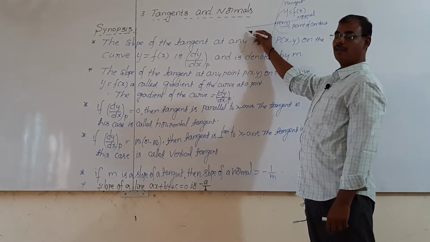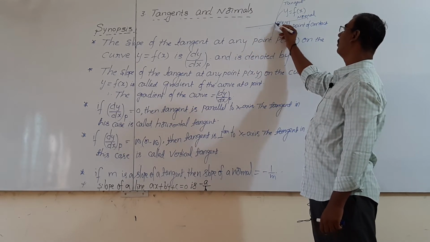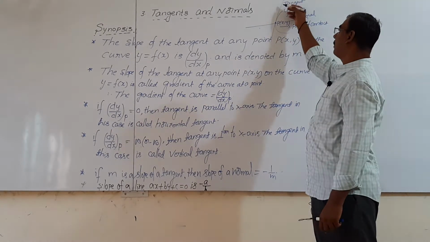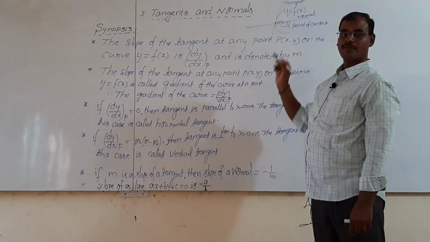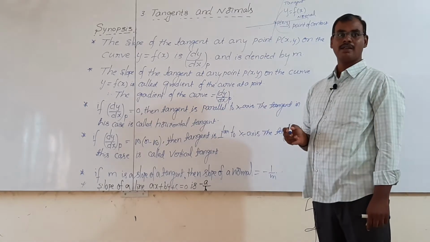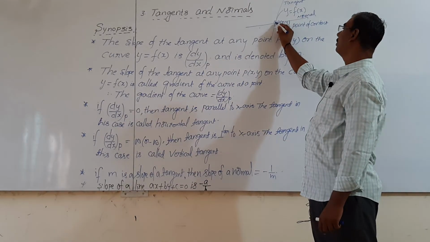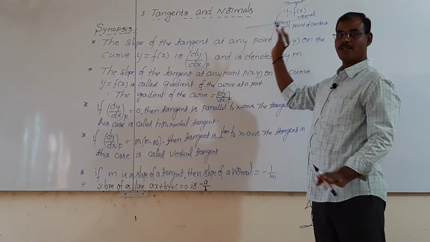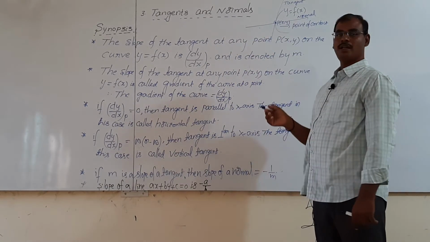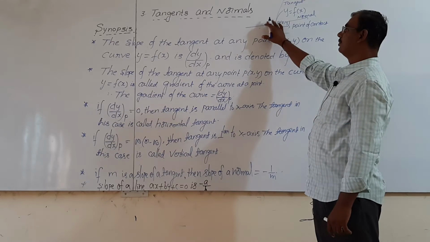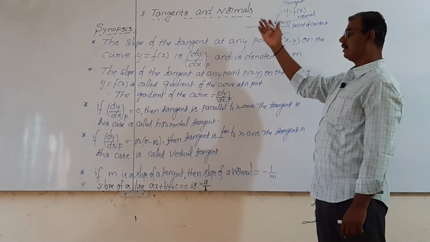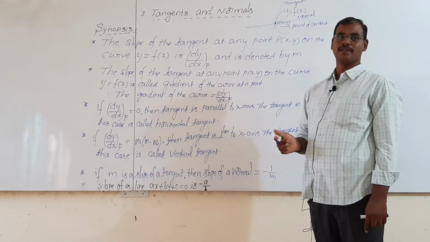A line which is passing through the point of contact and perpendicular to the tangent line is called the normal line. To solve the questions in tangent and normals, the minimum concepts should be learned.